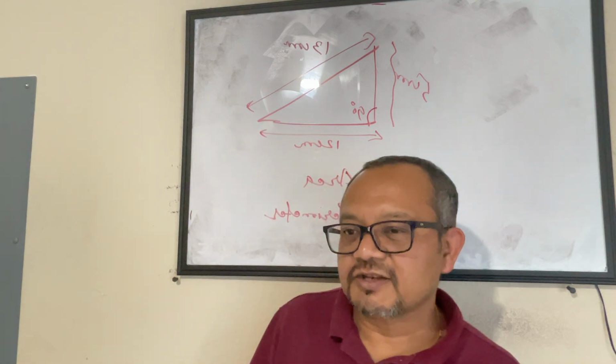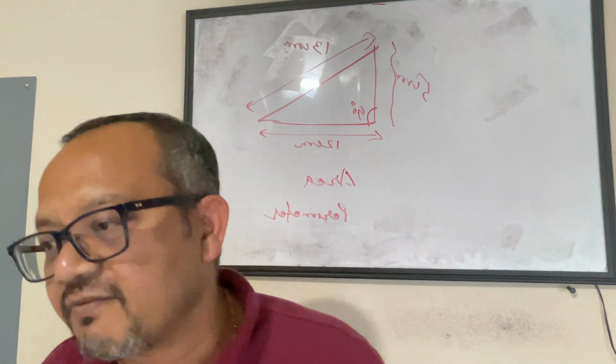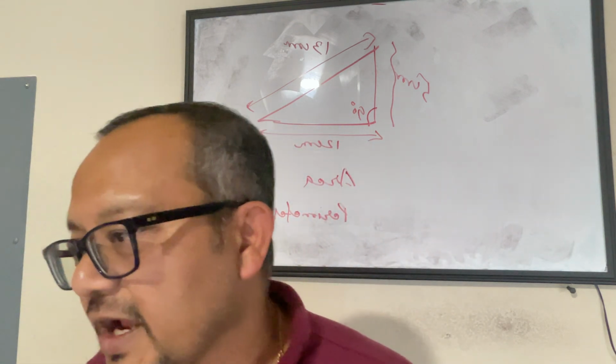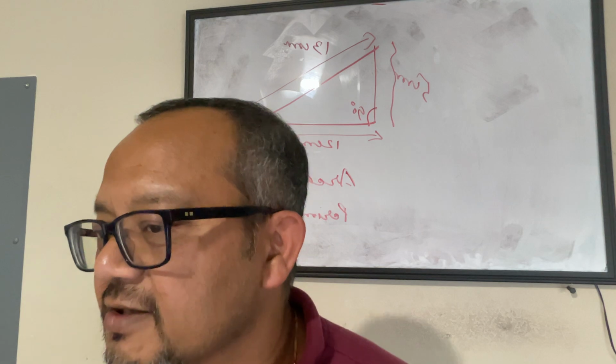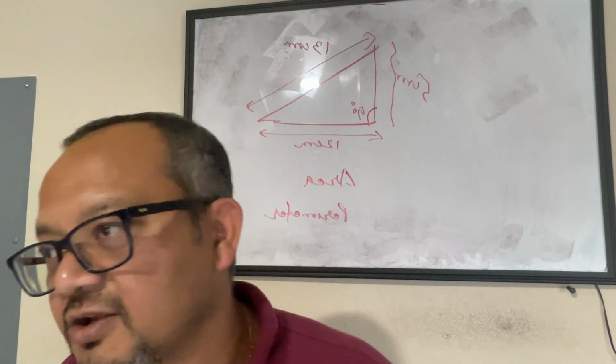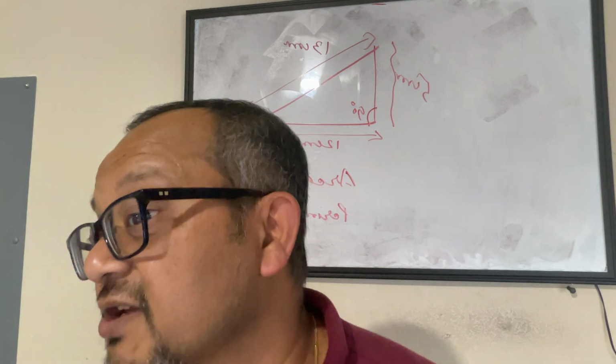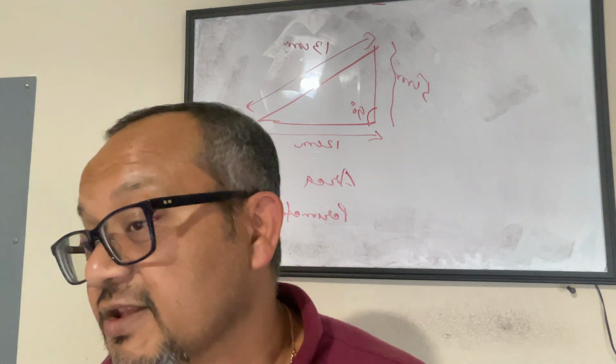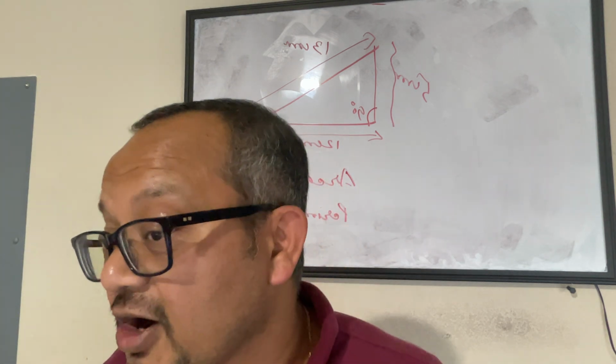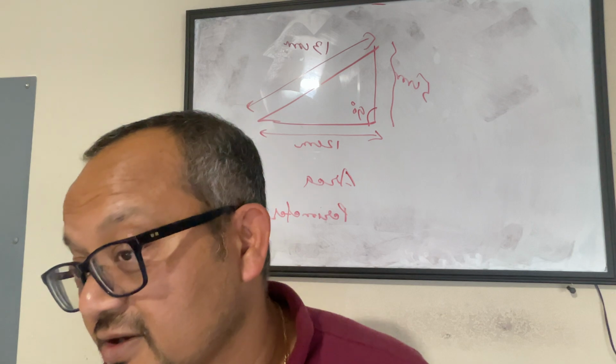Okay, let me give you guys an example. I heard 30, but you said 30 centimeters square. That's what I'm asking. Is it 30 centimeters square or is it 30 centimeters?